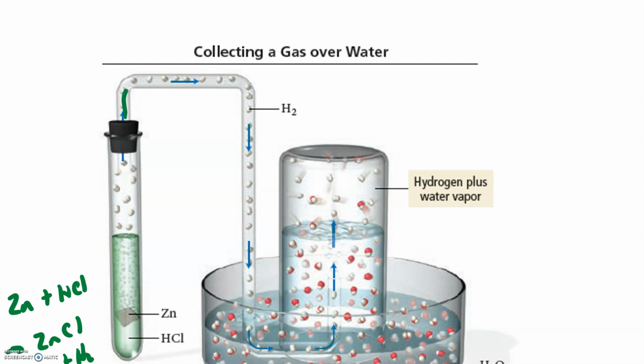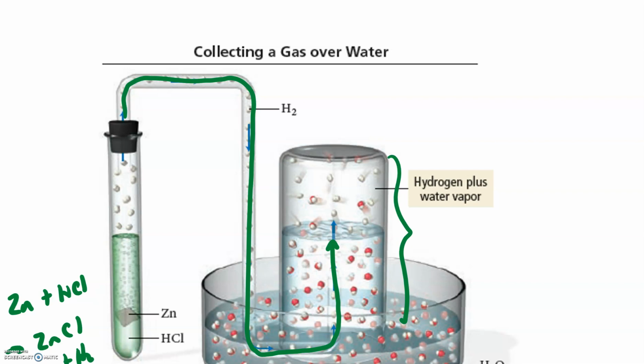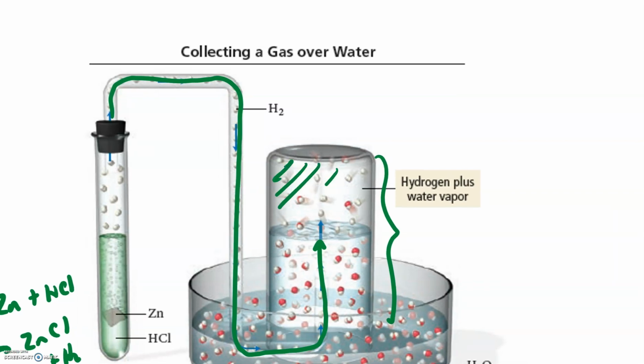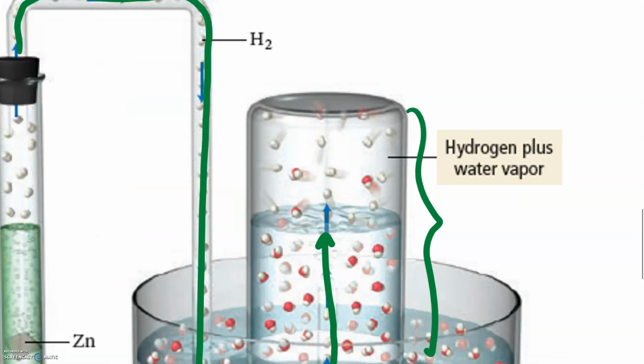And here it is, traveling through our apparatus to our inverted vessel, and it gets released in the space over the water. As a matter of fact, they'll fill this entire thing with water, and the gas, as it fills the space, actually pushes the water out. But look a little closer.